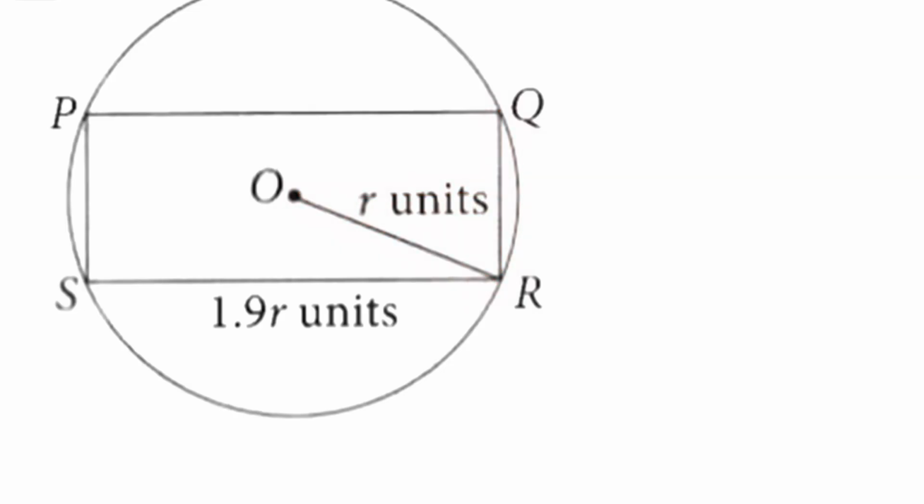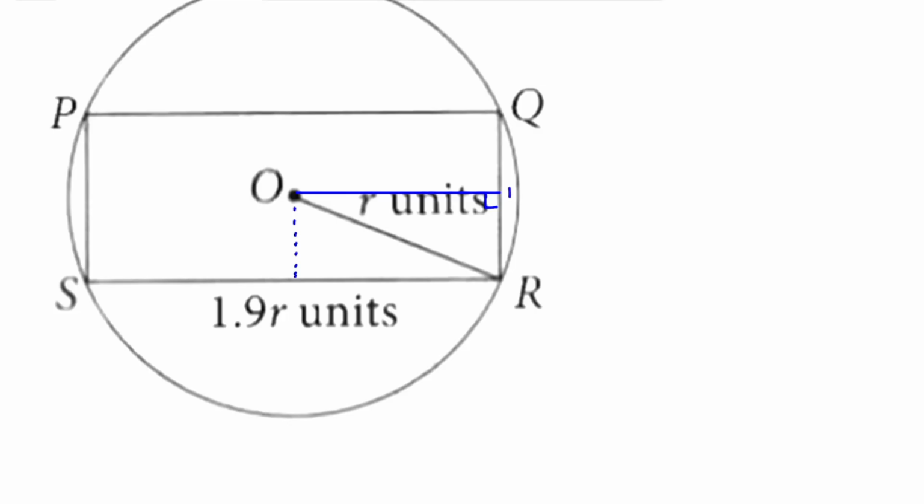It's quite obvious that this perpendicular line would cut QR equally into two.